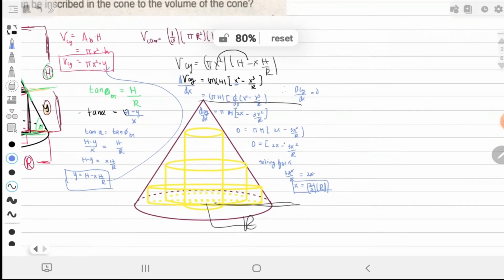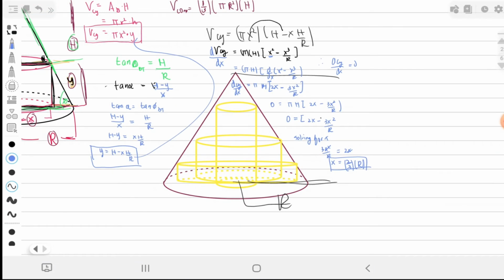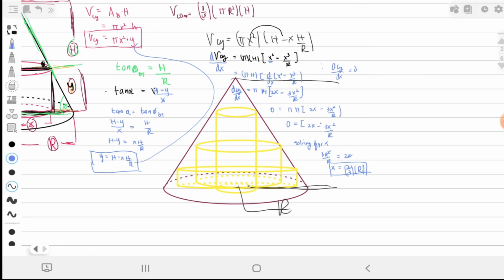So, since may nakuha tayong value ng x natin in terms of r, substitute natin yung value ng x natin dito para makuha natin yung value ng y at ang maximum value of our volume.